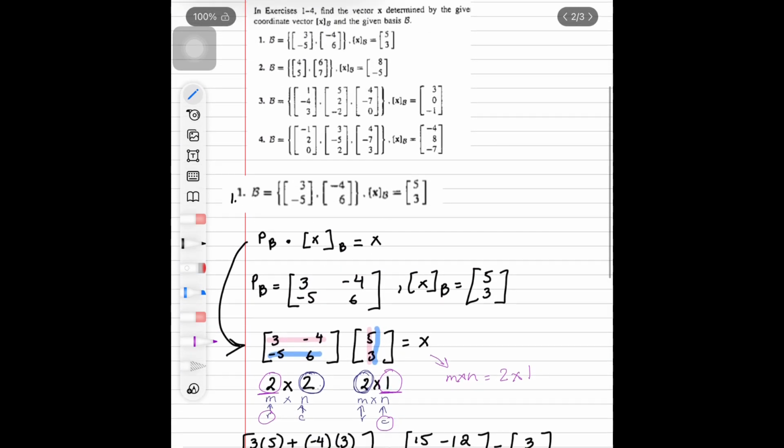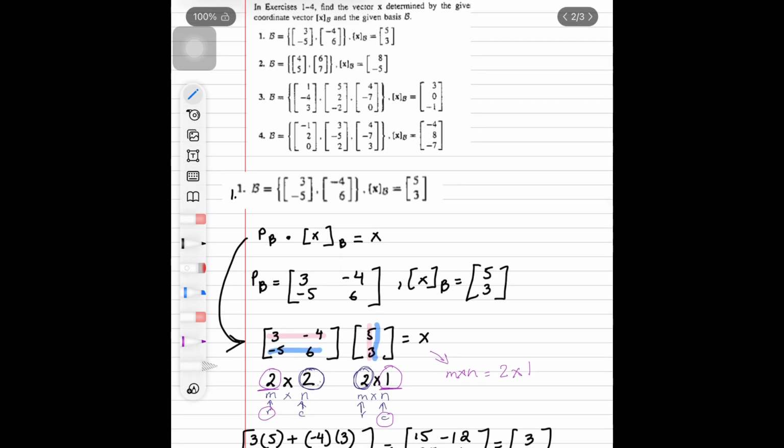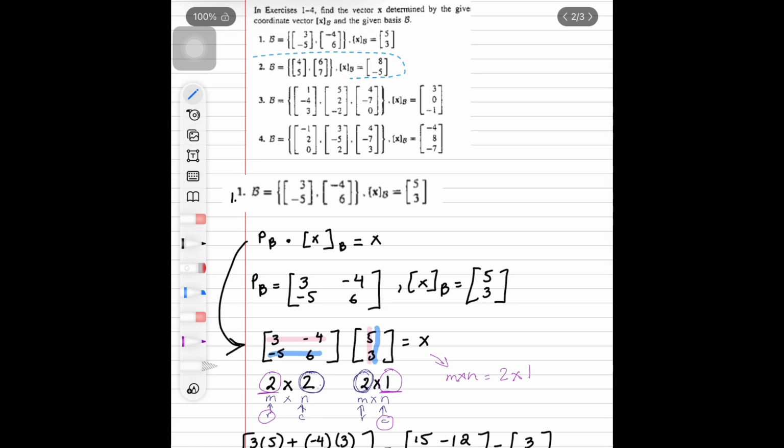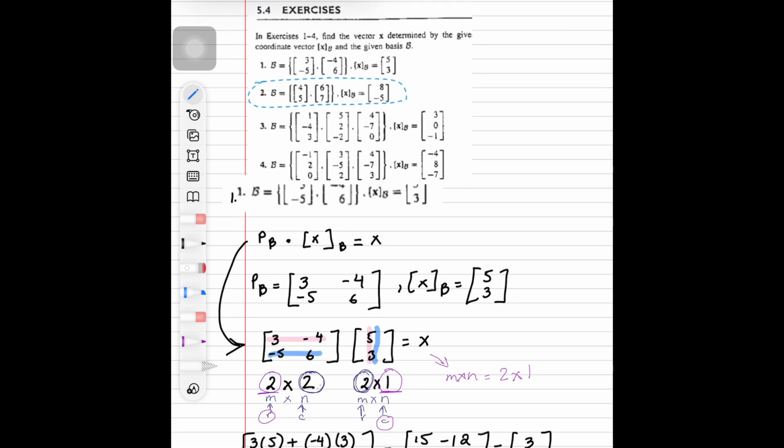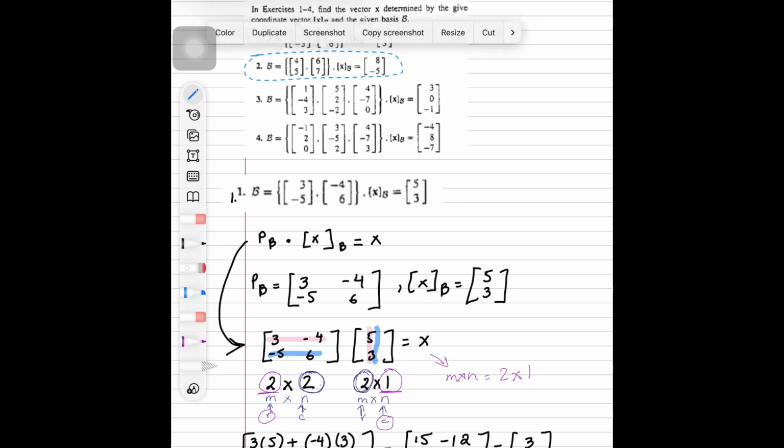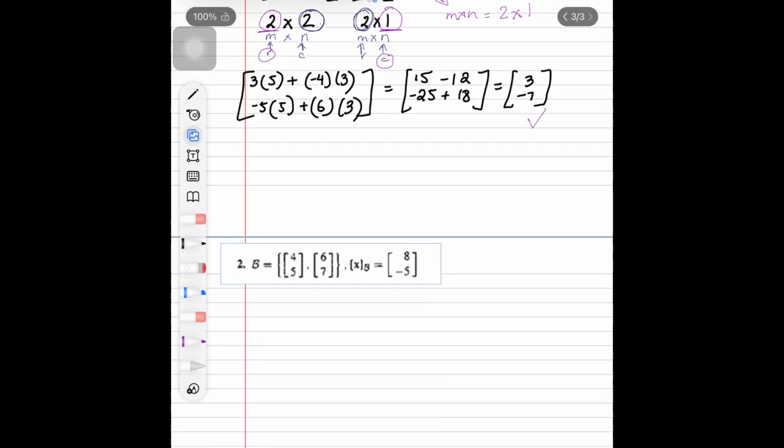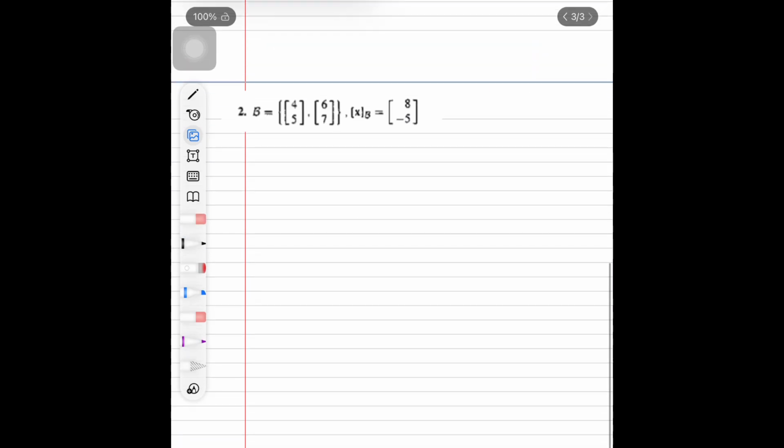Let's do an even numbered problem. Right here, let's write P of B equals 4, 6, 5, 7. We have x of B, the coordinate vector, as 8, negative 5.